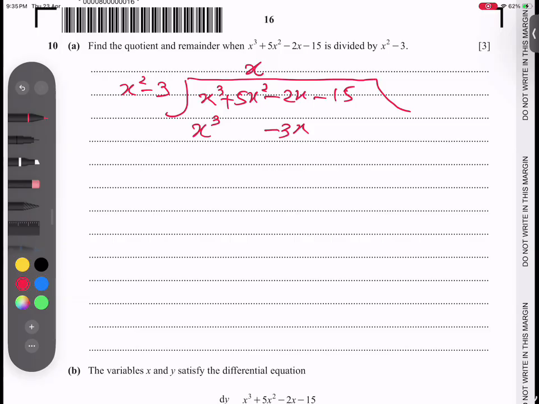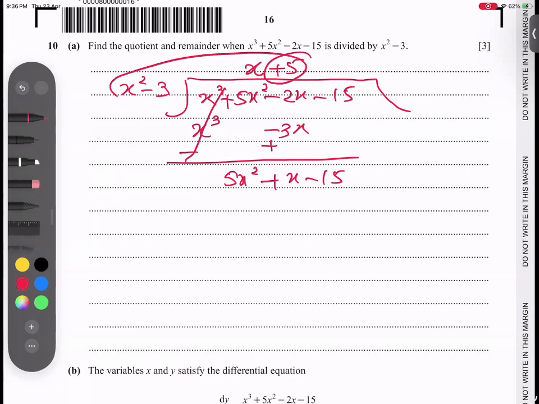Okay, and signs change, this cancels out. I get 5x squared plus x negative 15. So this multiplied by what gives you this value? So plus 5. 5 multiplies both values, so 5x to the power 2 and 5 times 3 is 15 negative. Signs change, cancel, x left.